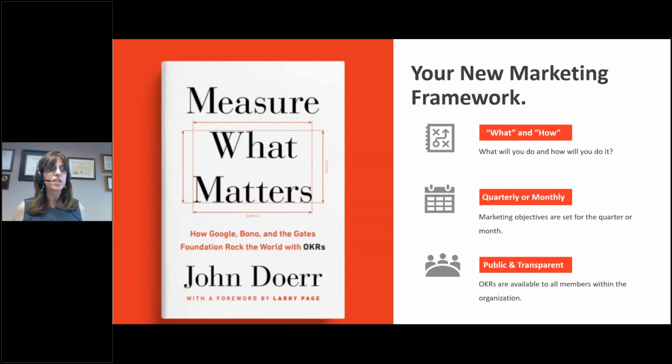The second aspect of this OKR framework, when you're putting together your marketing goals, again, around that whole modern marketing portfolio theory, 8 asset classes, is that this framework is quarterly or monthly. It's not yearly. A year is too long of a time. Remember in the beginning, I had talked about how we have these behaviors, not checking and seeing how marketing is performing, not looking at your website, your time on site, your new users, your acquisition channels.